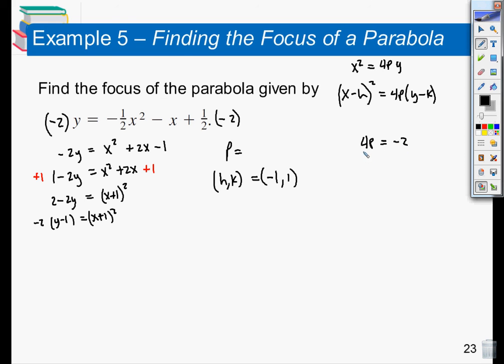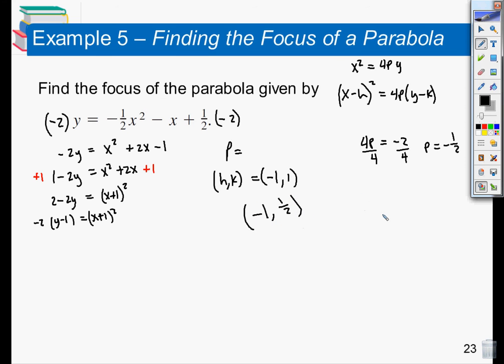If I divide by 4 on both sides, p should equal negative 1/2, which means that if I go from my center point p units, I should get to the focus, which tells me that my focus should be negative 1, 1/2. Now, why did I only change the y value?